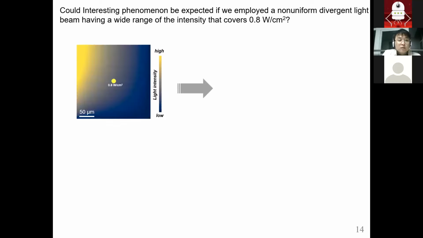On the other hand, since the light intensity directly determines the phototactic behavior of the present micromotor, could an interesting phenomenon be expected if we employed a non-uniform diverging beam having a wide range of intensity that covers 0.8?